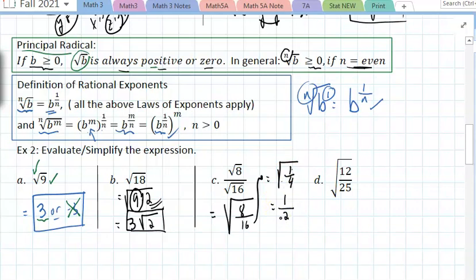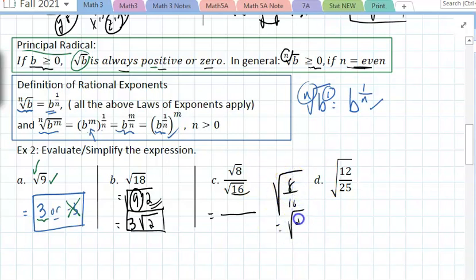Unless I made a mistake. I did make a mistake. I should have gone the other way here. I should have said, look, what do you multiply by itself to get 16? By the way, the mistake was 8 over 16 is really 1/2. And we're not there yet.